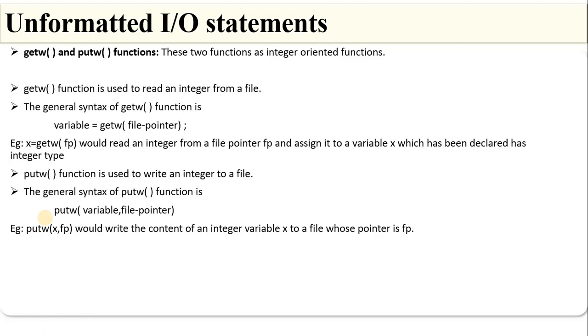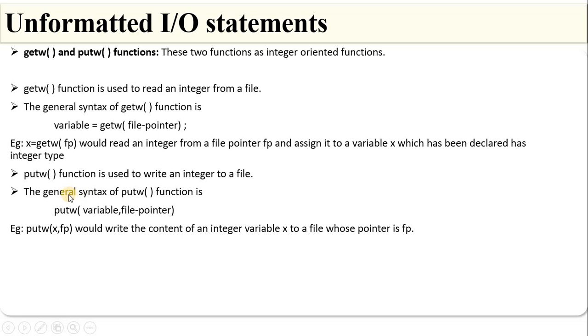getW and putW. These getW and putW are integer-oriented functions. getW reads an integer from a file, whereas putW writes an integer to a file. The general format of getW is getW(file pointer). An example would be getW(fp), and whatever integer you get, you put into x.